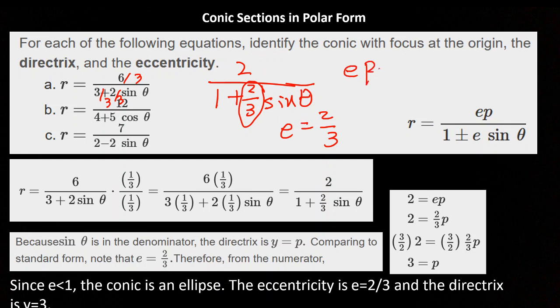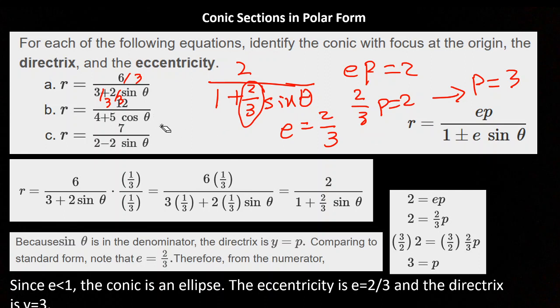So E times P equals 2, but we know E is 2 over 3, so 2 over 3 P equals 2. P equals, 2 times 3 over 2 is 3, right? So P is positive 3, right? And y equals 3 is the directrix here, right? y equals 3 is the directrix, and the eccentricity is 2/3.